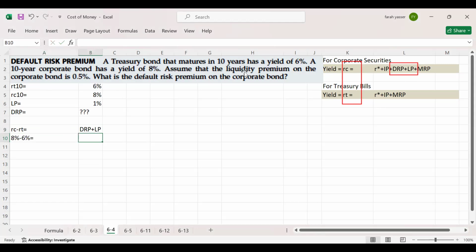On the other side, the default risk premium is not given, plus the liquidity premium is how much? 0.5%.